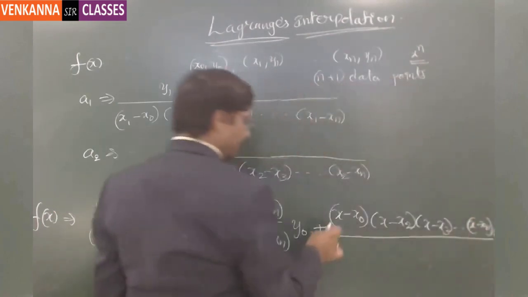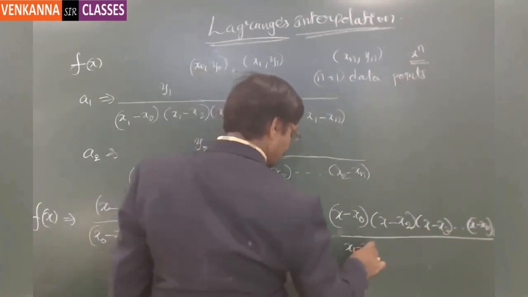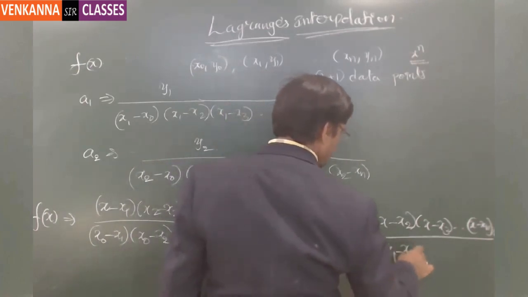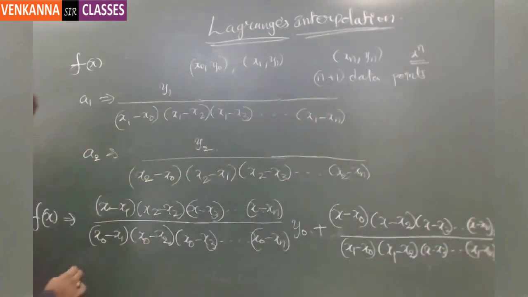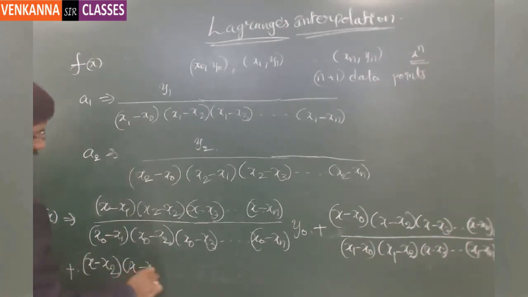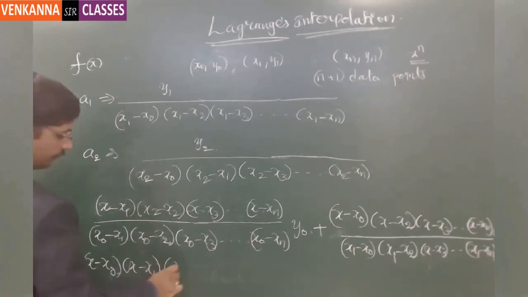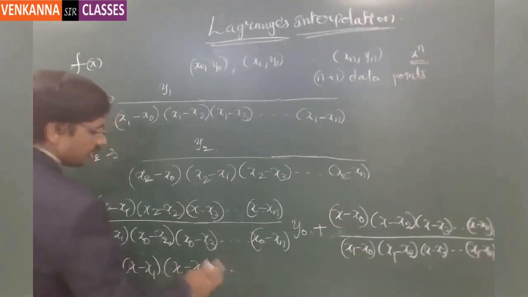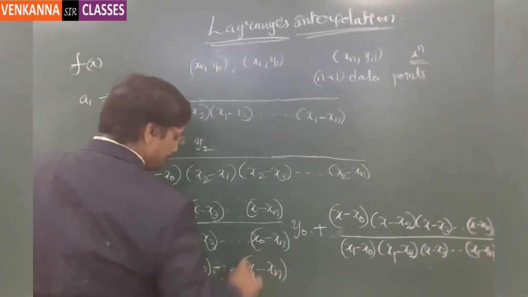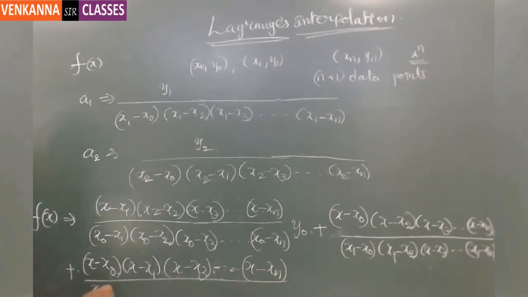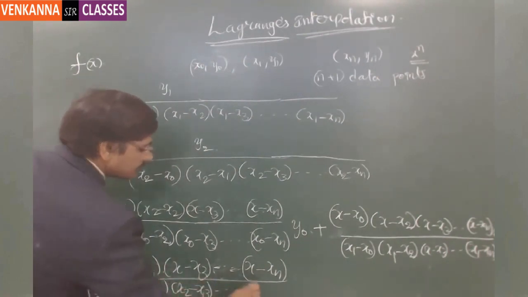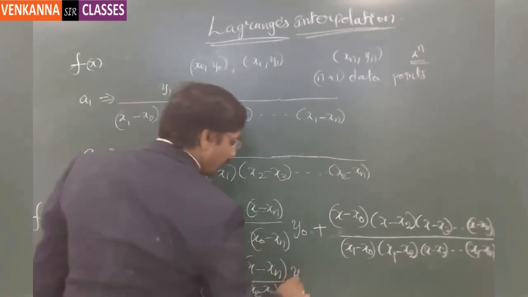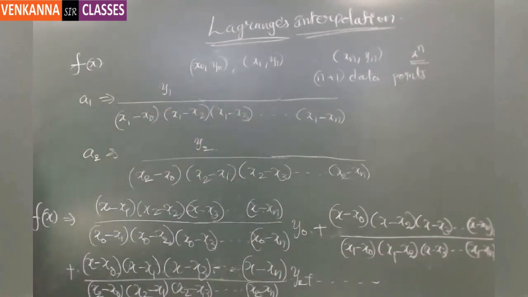Here y1 whole divided by x1 minus x0, x1 minus x2, x1 minus x3, dash dash dash x1 minus xn, plus x minus x2, x minus x0, x minus x1, x minus x3, dash dash dash x minus xn divided by x2 minus x0, x2 minus x1, x2 minus x3 dash dash dash x2 minus xn into y2 plus dash dash dash. So this is how the Lagrange's polynomial will continue.